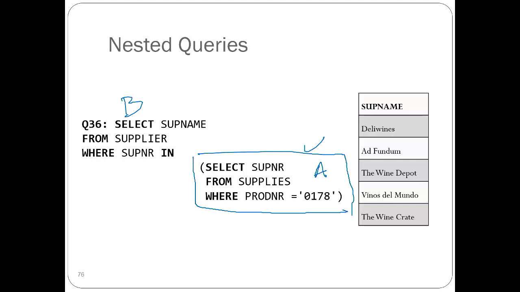We are getting the supplier numbers of those suppliers who are supplying the product number 0178, right? It's possible that there are multiple suppliers who have supplied the product with the product number 0178. Now we want their names.